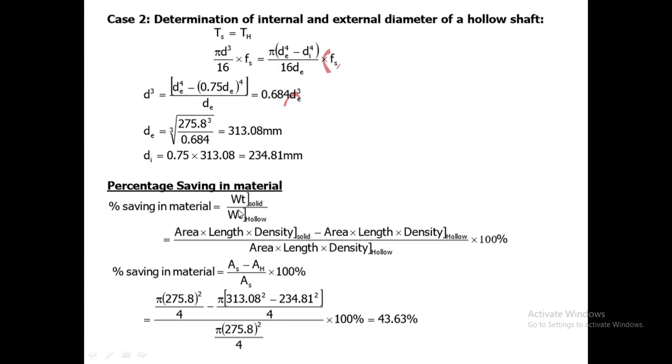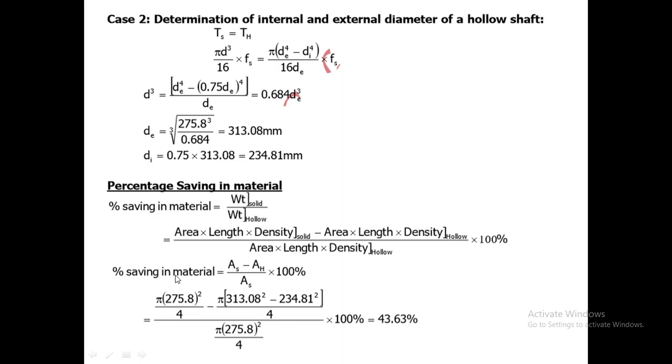Once we know the diameters, we can easily calculate the areas of the shafts. The percentage saving in material with respect to weight is given with respect to the areas. The weight of the solid shaft minus the weight of the hollow shaft, divided by the weight of the solid shaft. These weights are related to the areas of the solid and hollow shafts.